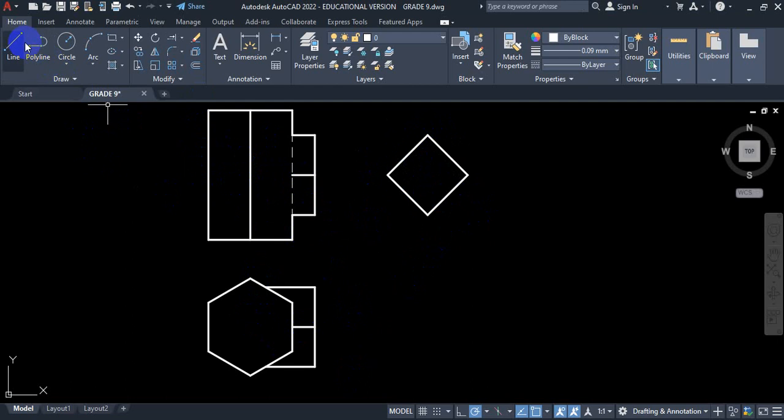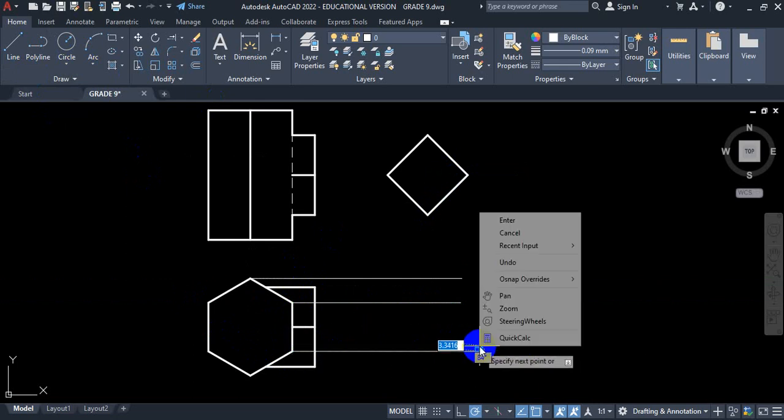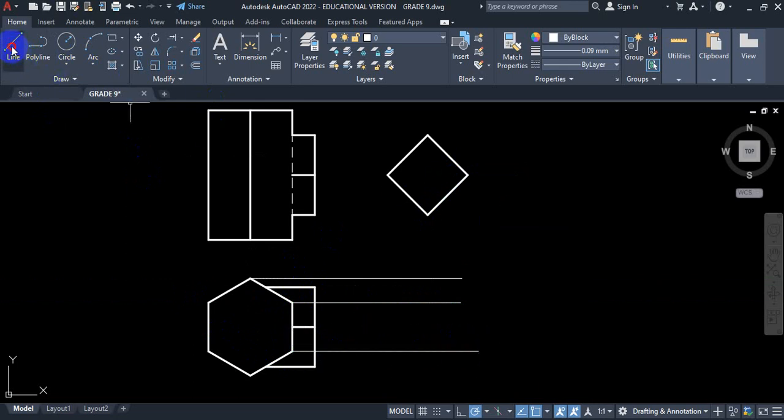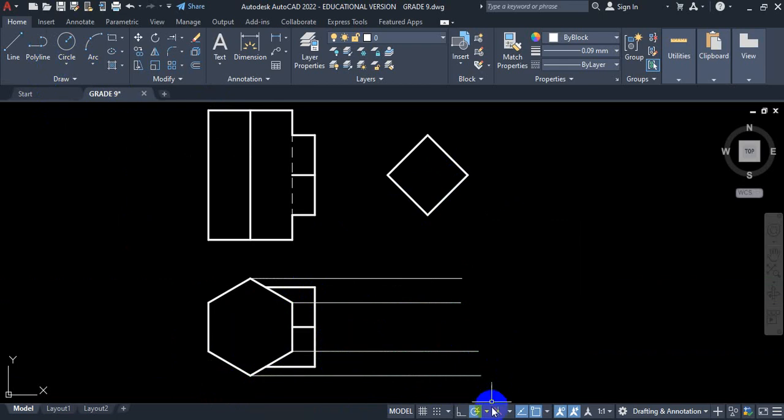So in other words, we need to project this to our 45-degree line. So we need to project this first to our 45-degree line. It goes across, and that one goes across. Then you bring your 45-degree line.